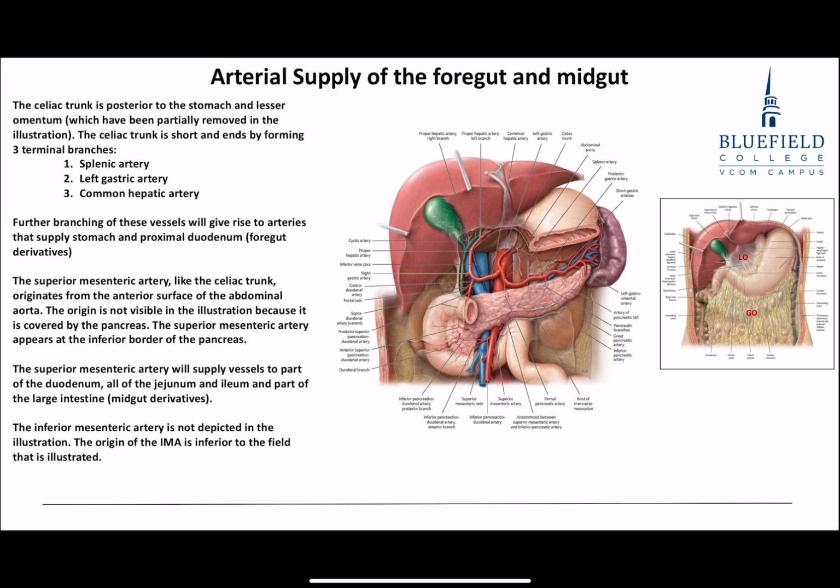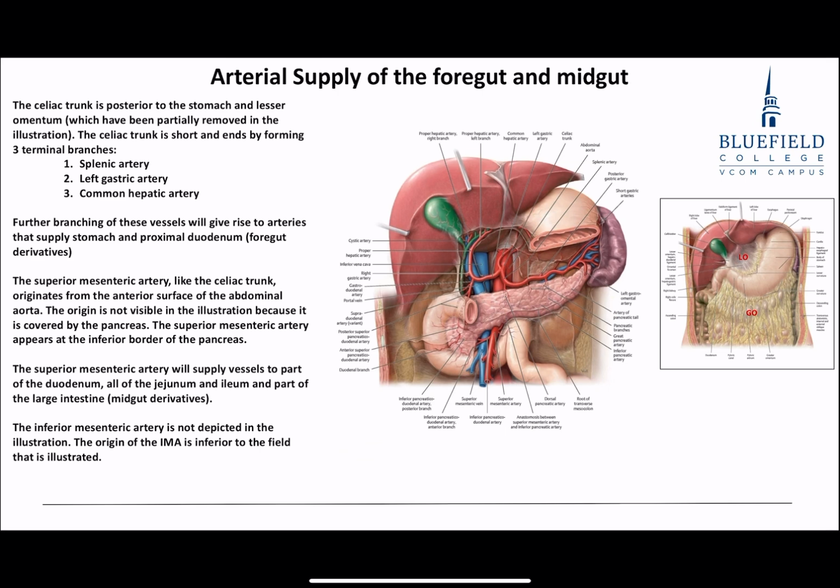And then the other branches that come off, another one is the left gastric artery. That's the smaller one right here. It's going to do, as its name implies, part of the stomach. It'll also do the distal end of the esophagus. And then finally, we have the common hepatic artery. So that's hepatic, referring to liver, so we'll talk about this artery next week when we talk about the liver. But it has some branches, pancreatico-duodenal branches.